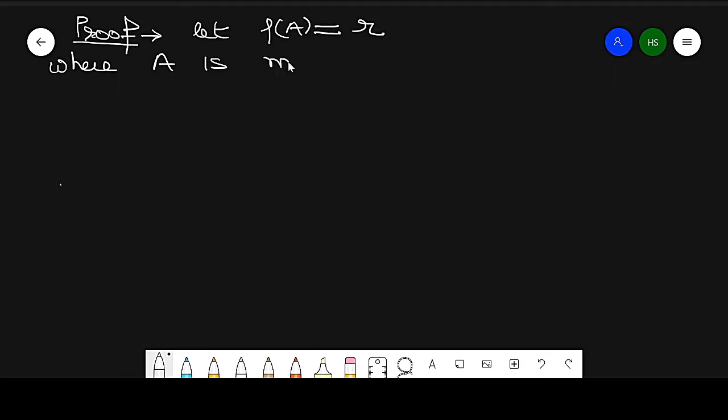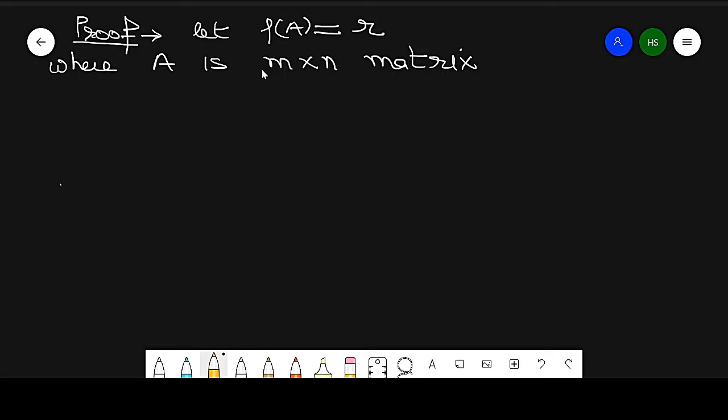First I start the proof of this theorem. Now what is the A matrix? A is an m cross n matrix. Let me denote the rank of A as r, where A is an m cross n matrix.